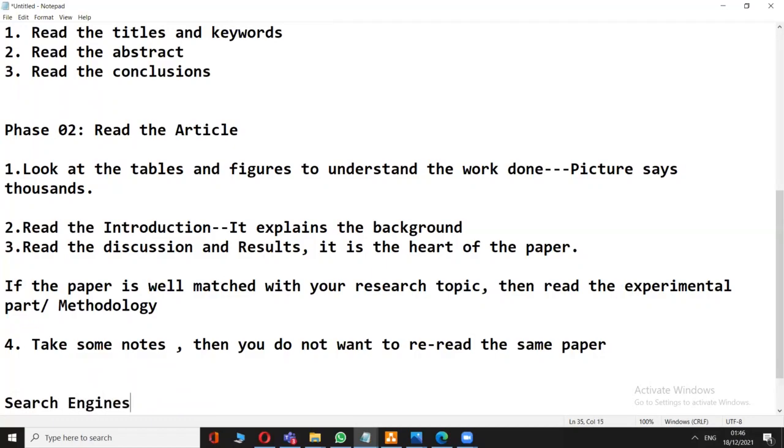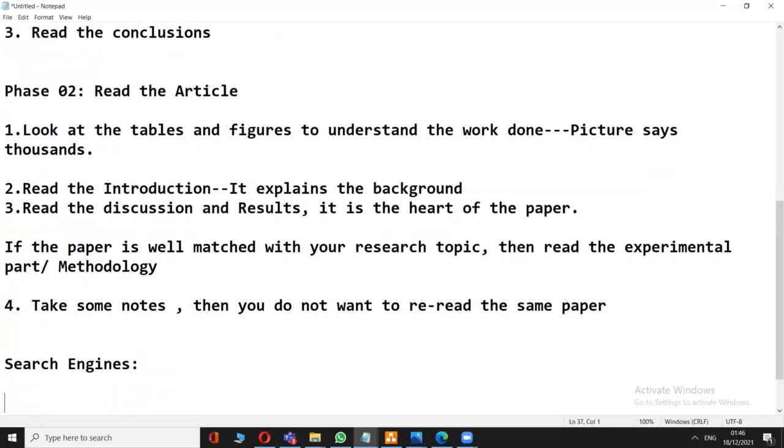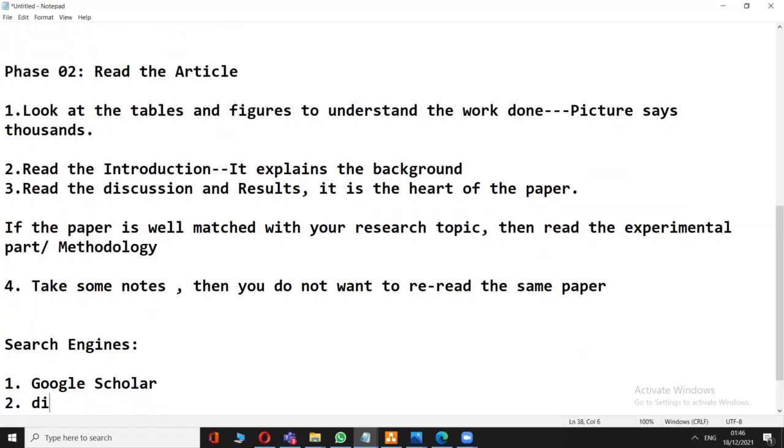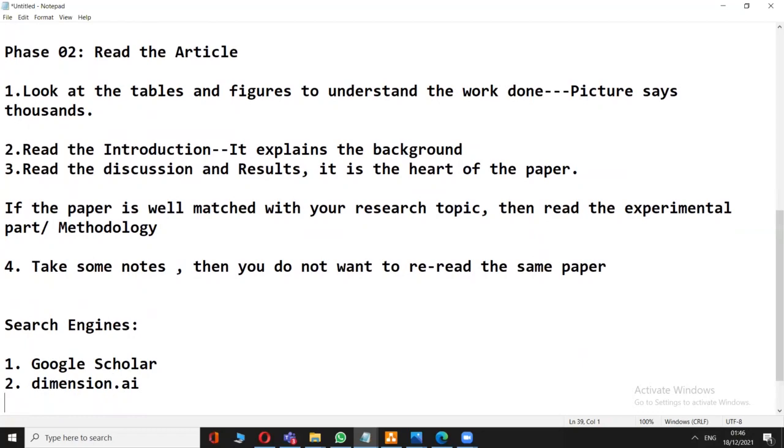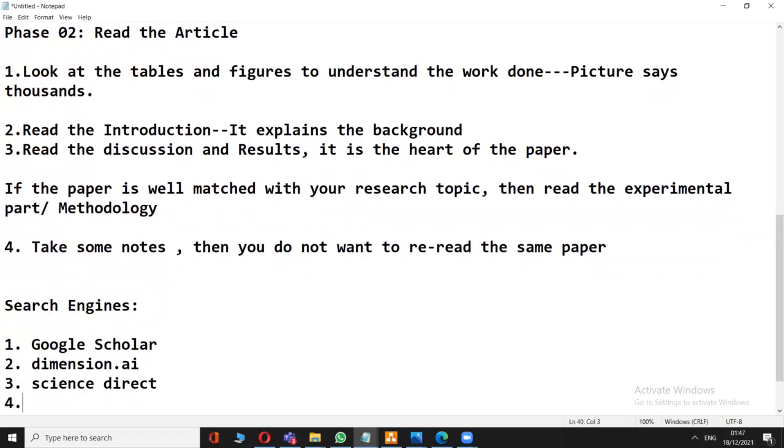There are a number of search engines available for the research arena. I will name some of them. First thing is Google Scholar, then Dimension.ai, then we can say Science Direct, then PubMed.